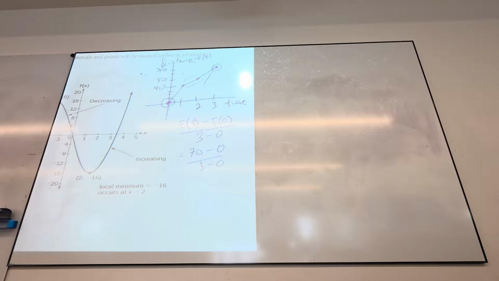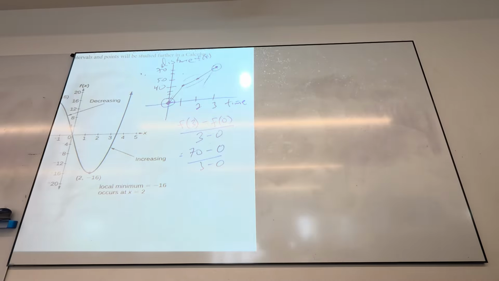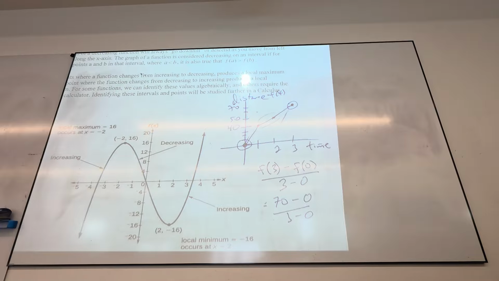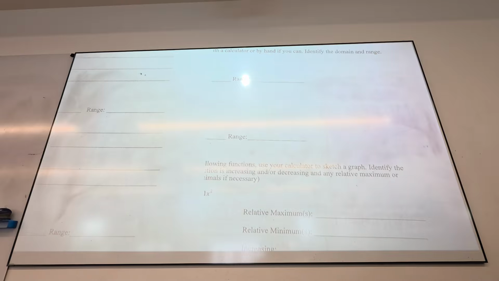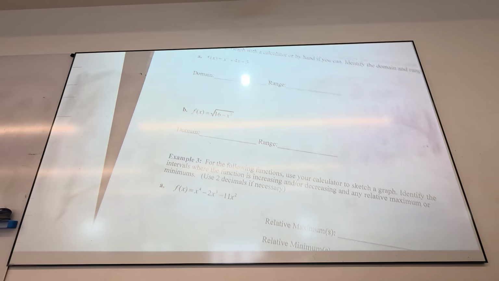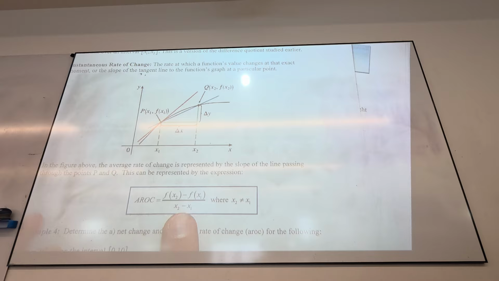So I don't have to be given, and by the way, I'm kind of bypassing, we already talked about the increasing, decreasing stuff, yes? If I remember correctly, yes. So what I really want to focus on is, oh, we did do some of this. I remember this. Did we do some of this? Yeah.